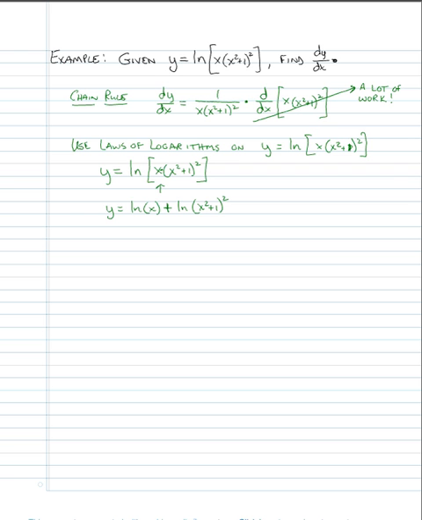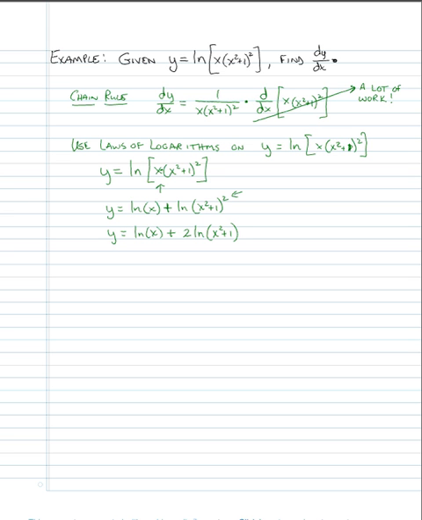Now, in the first case, log of x is as simple as we can get. But in the second case, we have the logarithm of something that's being squared. That is, the whole argument is being squared, isn't it? That exponent up here is what I'm looking at. So that exponent can be brought down in front of the logarithm.